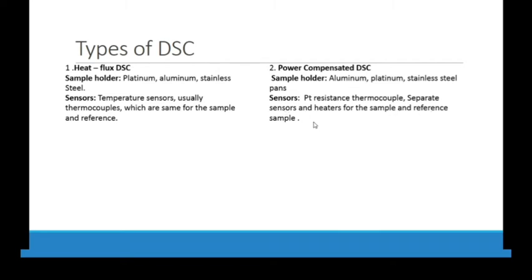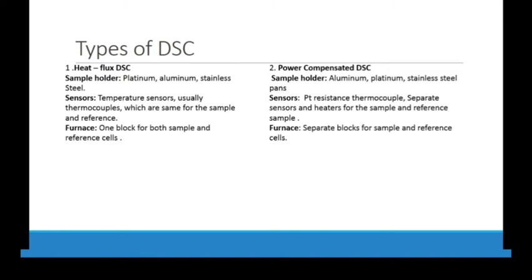We have two sensors. And if we talk about the furnace, in heat flux DSC we have one block for both sample and reference cell, but in power compensated DSC we have separate blocks for sample and reference cells.